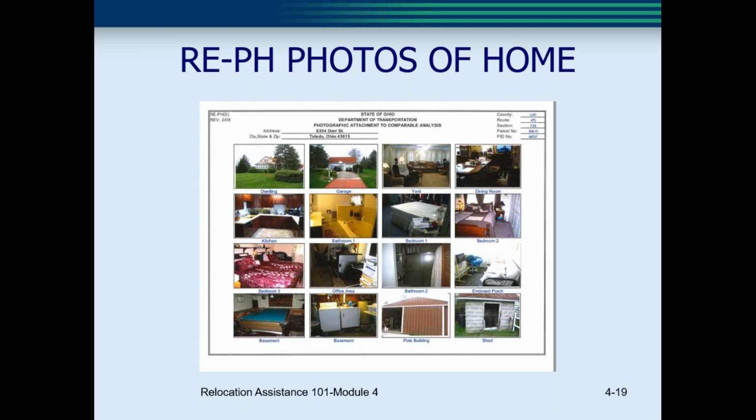Each area needs to be labeled. There should be a photo of each room in that dwelling, as well as the exterior of the dwelling, any outbuildings, and any other features that were taken into consideration. You will provide a separate REPH for each comparable, as well as the subject home being acquired.